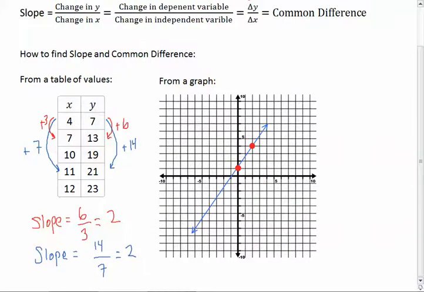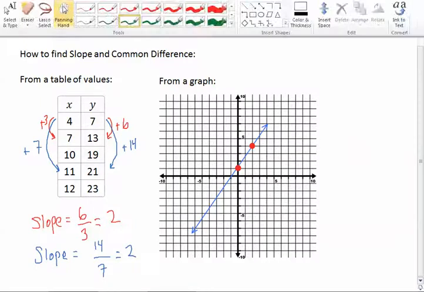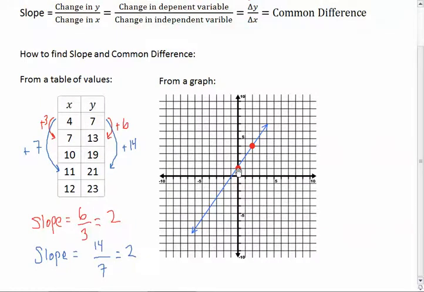Starting at the lower dot, how many do I have to go up to be at the same height? 3. How many do I have to go to the right? 2. The thing to remember is on the y-axis, up is positive, down is negative, and on the x-axis, right is positive, left is negative.